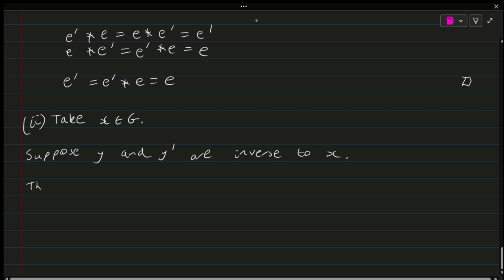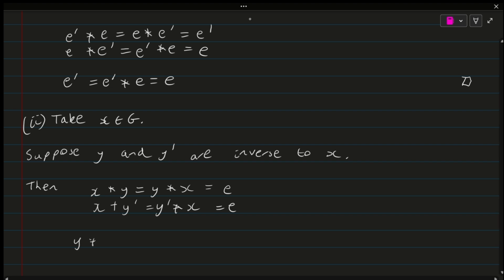Well, then we have that x star y equals y star x equals E, and x star y prime equals y prime star x equals E as well.